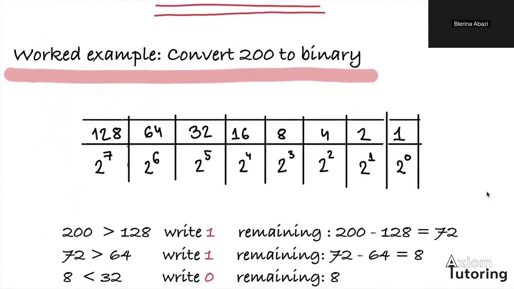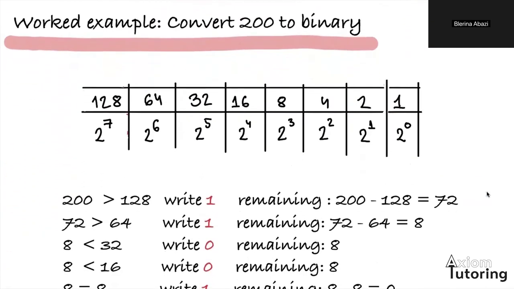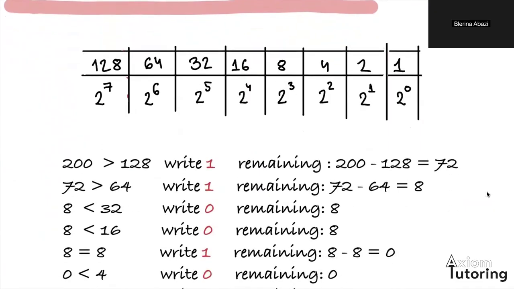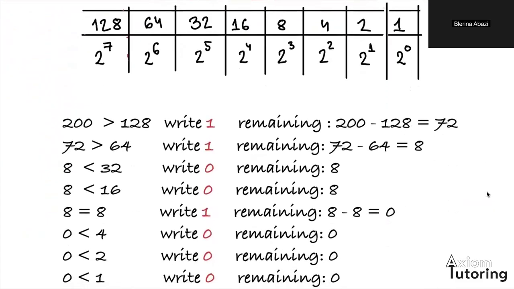We can check another example to get a clearer idea. So in this case, we have the number 200, which we want to convert to binary. Again, we start with the place value table, and we start from the leftmost side. In this case, we have 128, which is actually smaller than 200. So we start by writing 1. We subtract 128, and then the remainder is used to continue with the same process. 64 fits into 72. We write 1 again, subtract it.